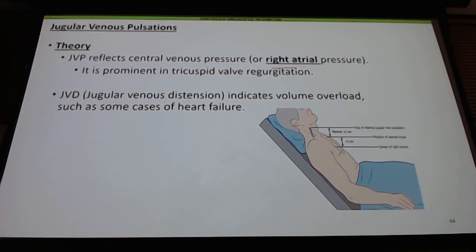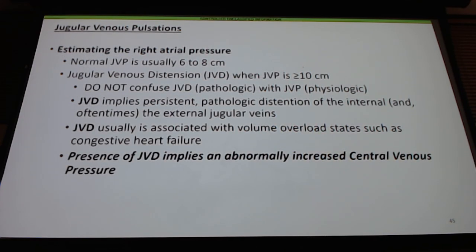We can get an idea of the different pathologies based on the abnormalities that we see on that pulsation wave. Now, don't confuse jugular venous pulsations with jugular venous distension. Jugular venous distension is a pathologic finding where that pressure is too high, and now you're having a backup of fluid into the jugular vein.